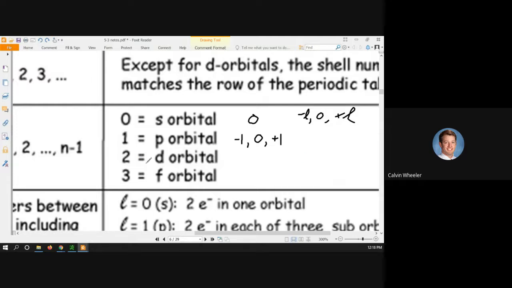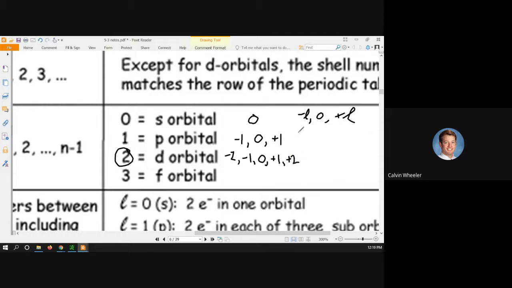What are the orientations available for D? D, the double peanut or the peanut with a donut. There's a lot of orientations available for D. To determine my options, I start with my L quantum number and make it negative. So -2. The next one is -1. The next one is 0. Next one is 1, or I should write the positive, positive 1 and positive 2.